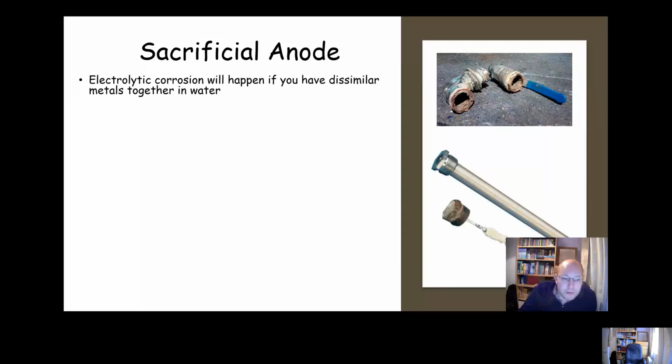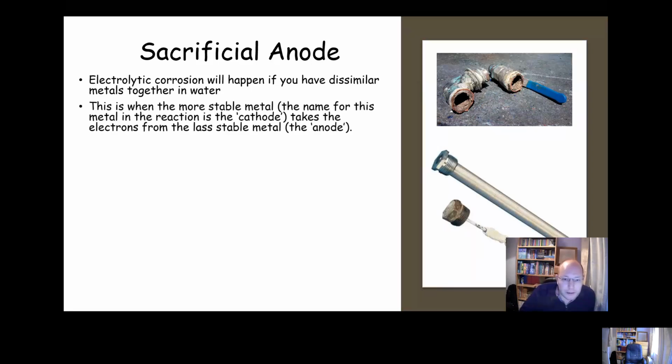We also need to know about sacrificial anodes. A sacrificial anode is like this thing you can see on the right here, this big rod. The reason we use sacrificial anodes inside cylinders, they're pre-built into cylinders in the UK, is because of something called electrolytic corrosion.